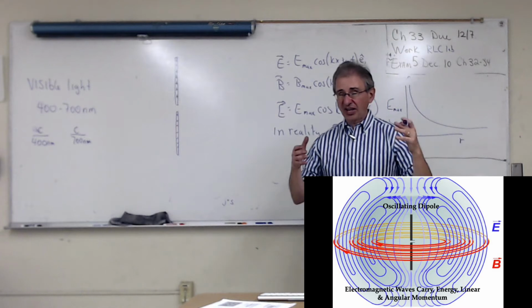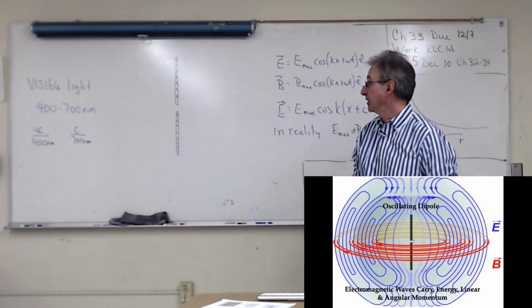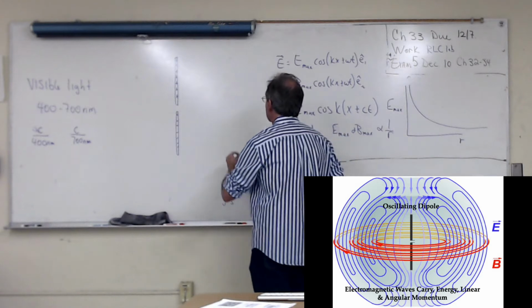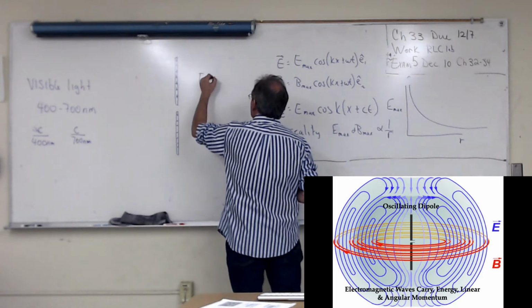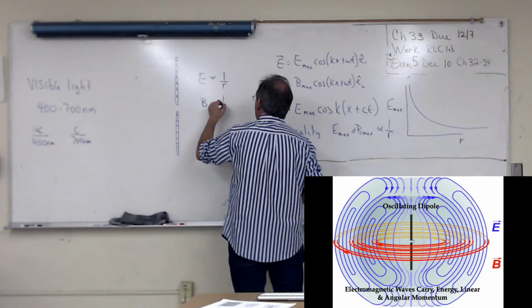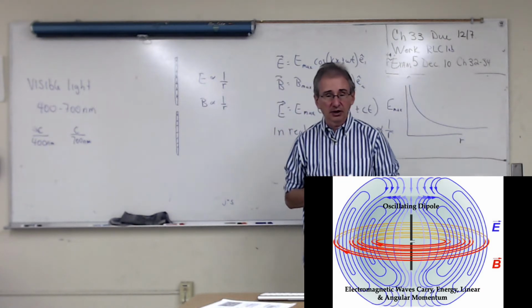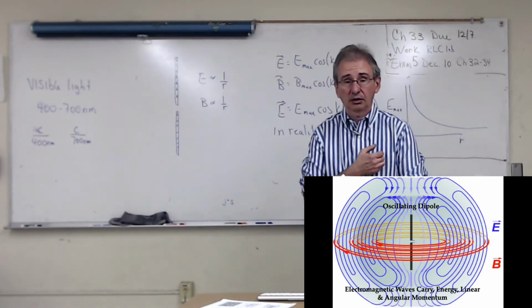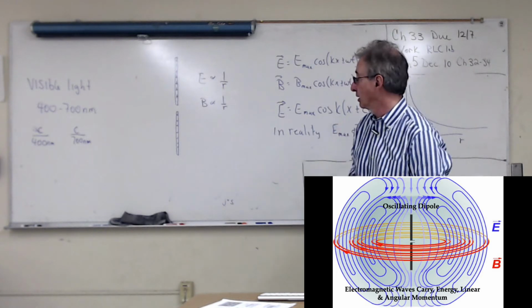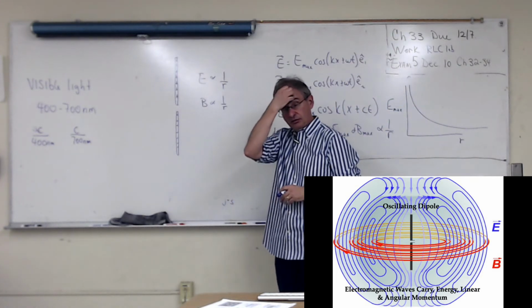As you are about 10 wavelengths away from the source, then the electric field is proportional to 1 over r. The magnetic field is proportional to 1 over r, as you get far away from the source. They call that the far field. And that's what we're interested in. We're interested in what happens far away from the source.